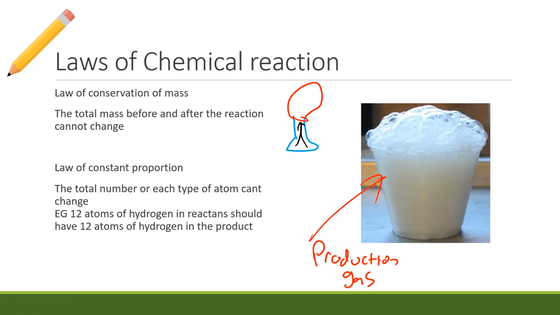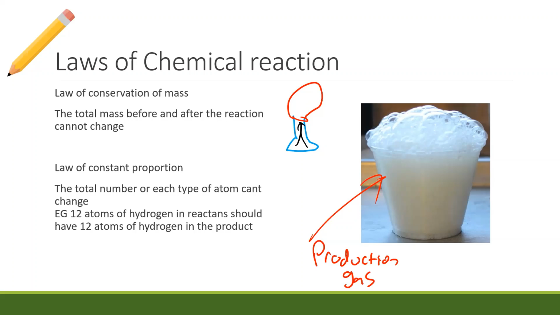The second law is the law of constant proportion. This is the one that we don't talk about too often. The idea is the total number of each atom can't change either. If you have 12 atoms of hydrogen in your reactants, at the end you have to have 12 atoms of hydrogen.